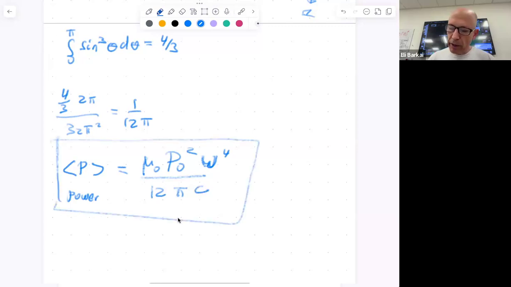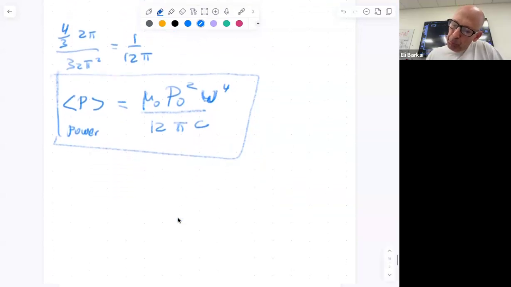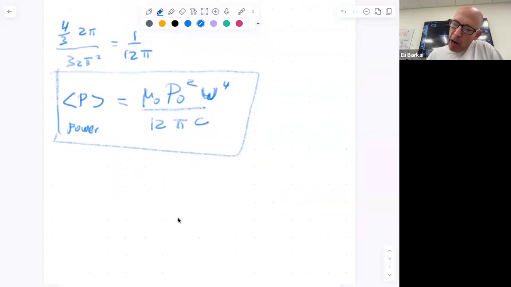So again, because I integrated over the angle, there is no angular dependence. This is the total power that is emitted. If you want to build this source of wave, you need to have enough power to put it in the system, so to say.